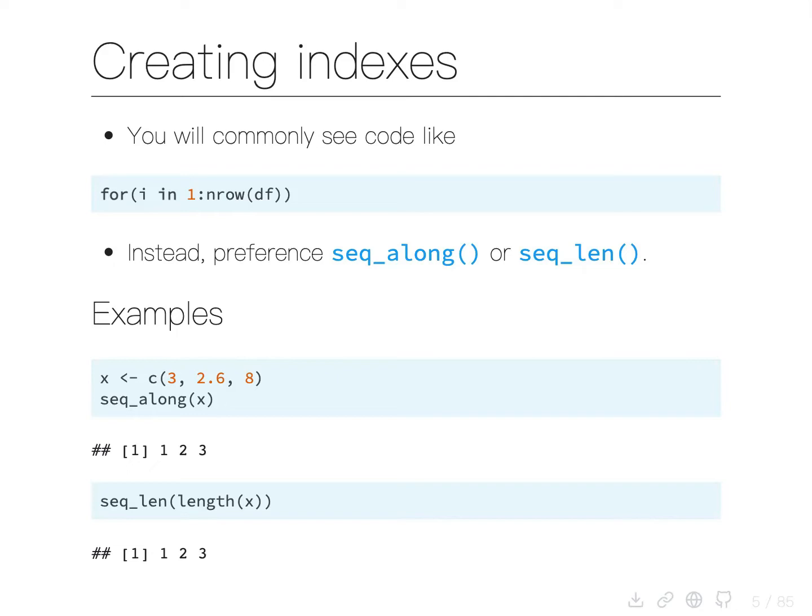It creates a sequence along the vector that you're going to be indexing. seq_len works the same way, except instead of feeding it a vector, you feed it a single value. In this case, I'm using the length of x, a single integer value. I first calculate the length of x and feed that to seq_len, so this simplifies to seq_len(3), and it creates an index from 1 to 3.